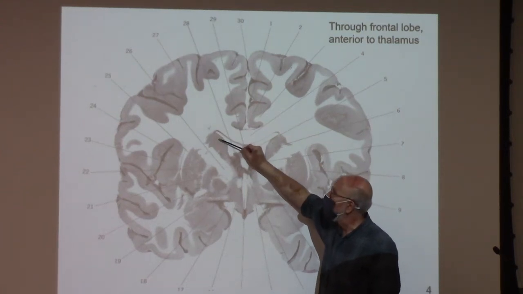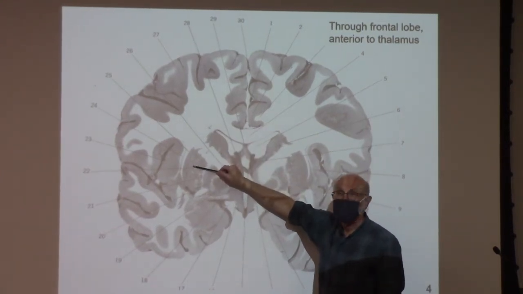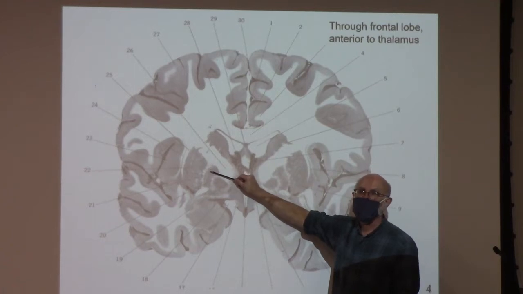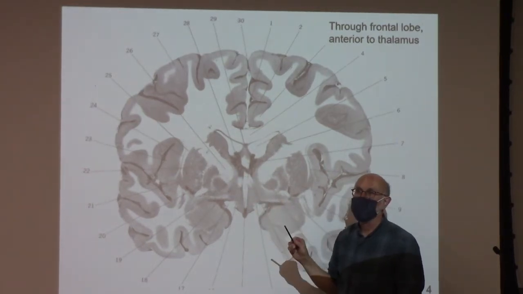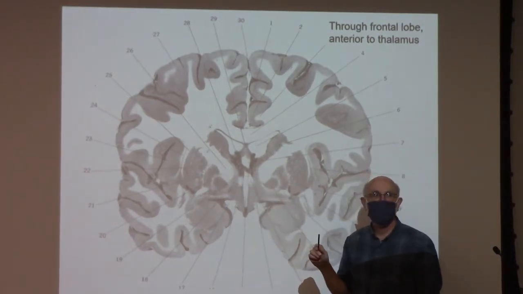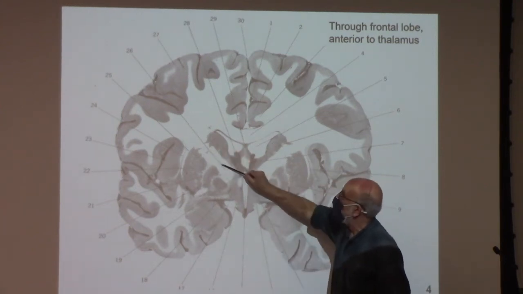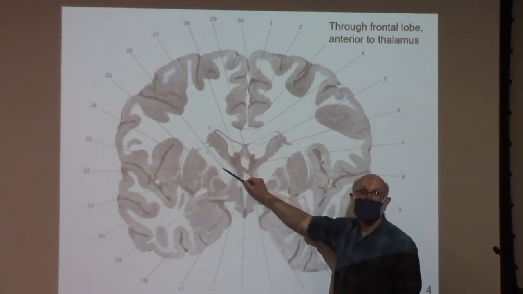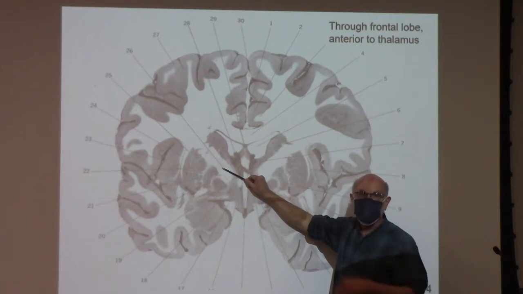Caudate nucleus, putamen, globus pallidus. It's got two parts, but I don't care that you know which one is one and which one is two. This white matter right here has a name. It's called the internal capsule.